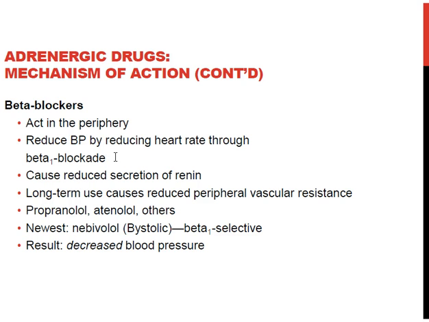If it's blocked, it decreases heart rate and decreases cardiac output. It can also cause a decreased secretion of renin, gives long-term peripheral vascular resistance reduction, and the medications we use are often propranolol, atenolol, those drugs. Our newest one is nebivolol or Bystolic. Anyway, the point is it decreases blood pressure.